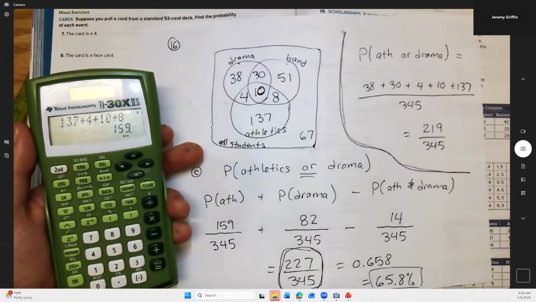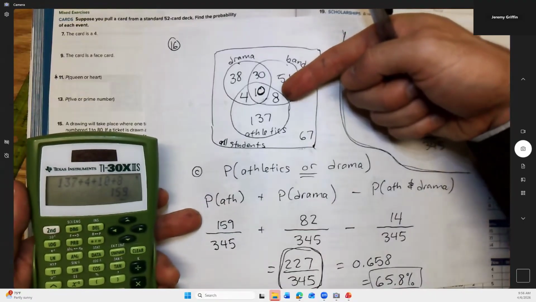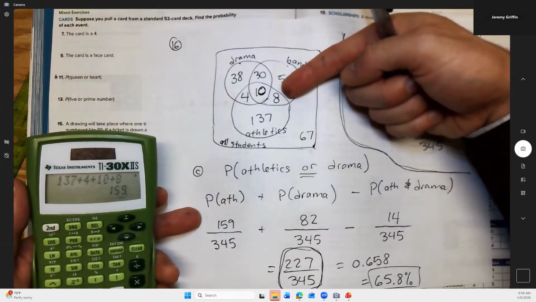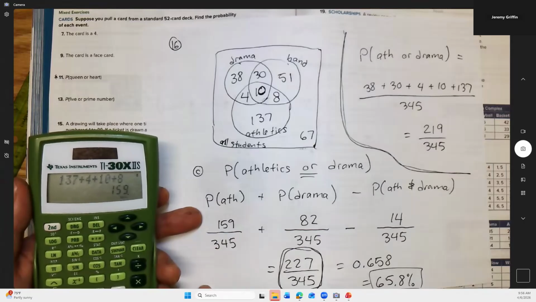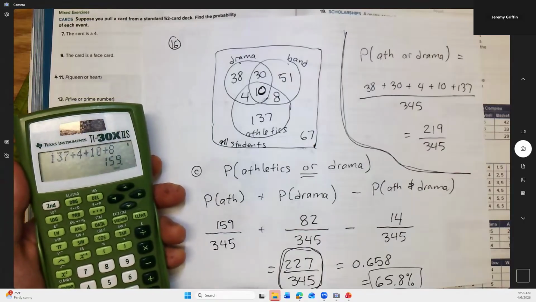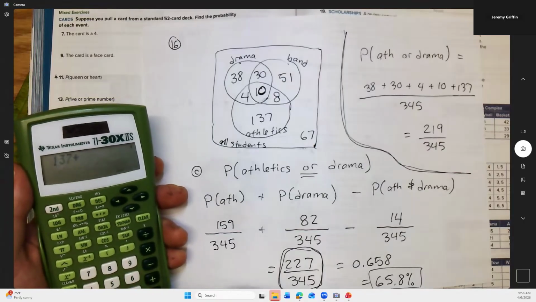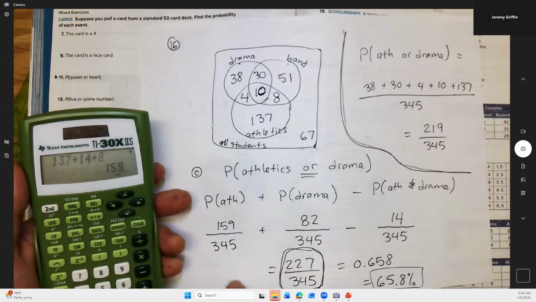Oh. Yeah. I see what it is. Guys, in my athletics, I missed these 8 students right here. You guys see these 8? I think it's this number right here. That's 12. Oh, yeah. No, I did count for them.